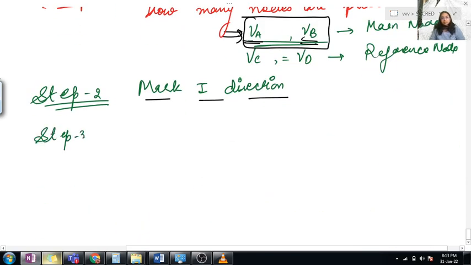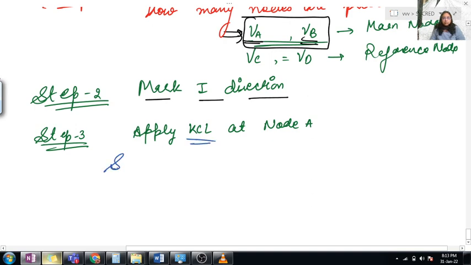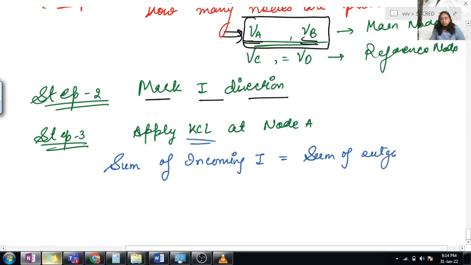Next is step number 3, that is apply KCL at node A. If you don't know about KCL, what is the statement of KCL? I'll tell you. KCL is: the sum of incoming current is equal to the sum of outgoing current. So suppose this is a node and the current is moving like this.